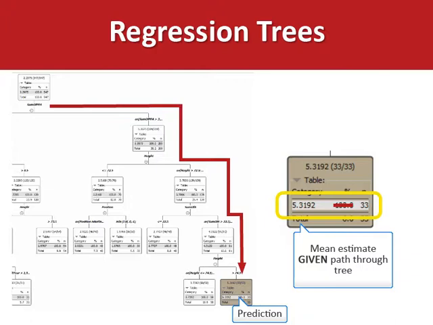So in this case, this leaf node of the regression tree has an estimated mean of 5.31 million, which is the salary of the hockey players who satisfy the conditions implied in the tree. And in this case, we have 33 players who satisfy this condition. So of the 33 players in this sample, their mean salary is a relatively high $5.3 million.